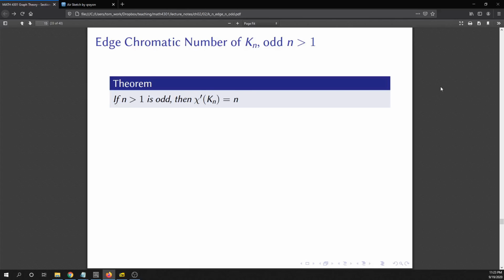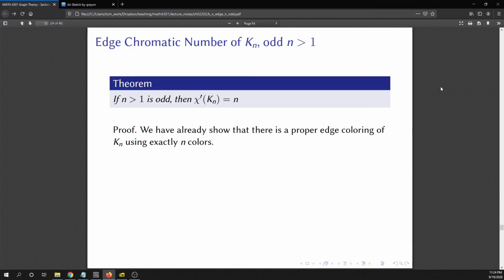Okay, so let's go ahead and prove now that the edge chromatic number of K sub n, where n is an odd number greater than 1, is n. We have already shown that there is a proper edge coloring of K sub n using exactly n colors.